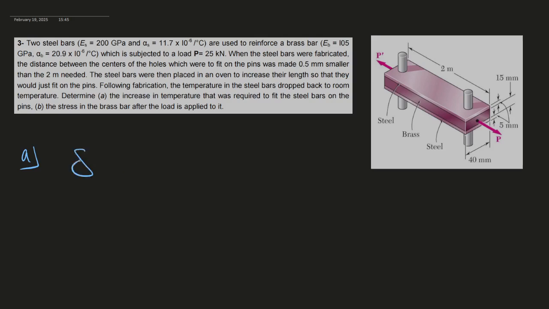That means the delta of steel is equal to 0.5, and this is thermal strain.